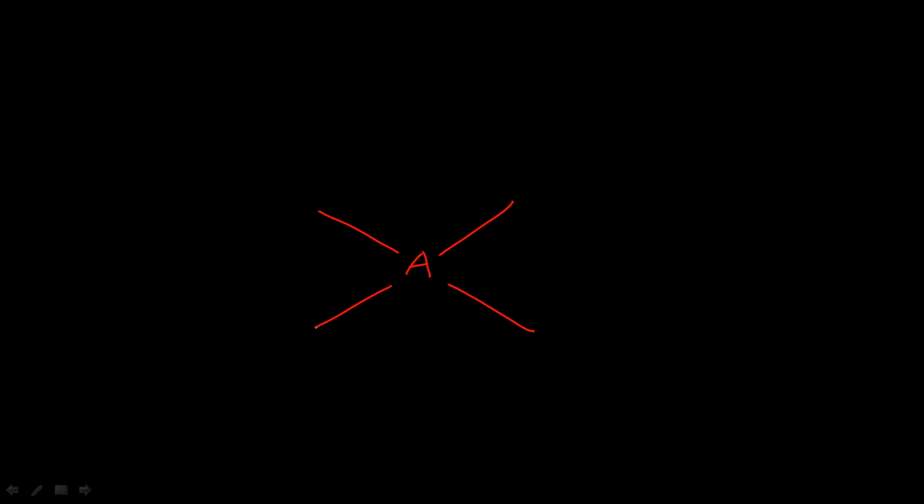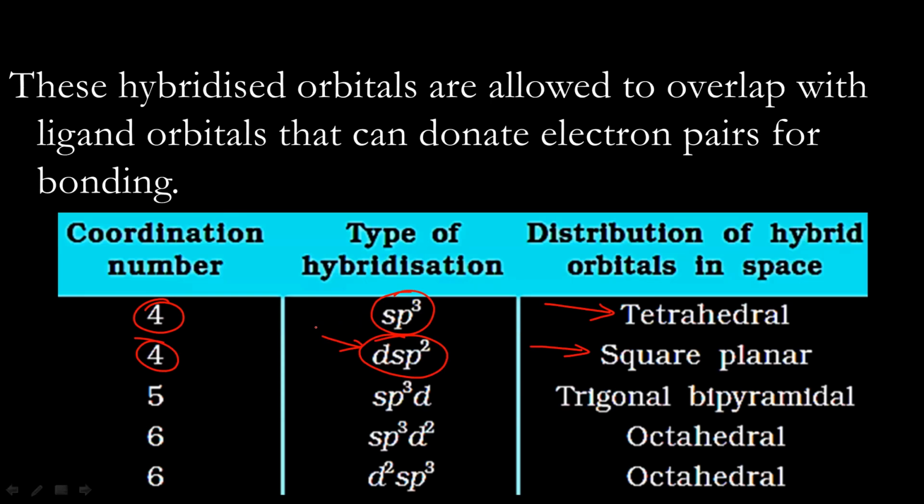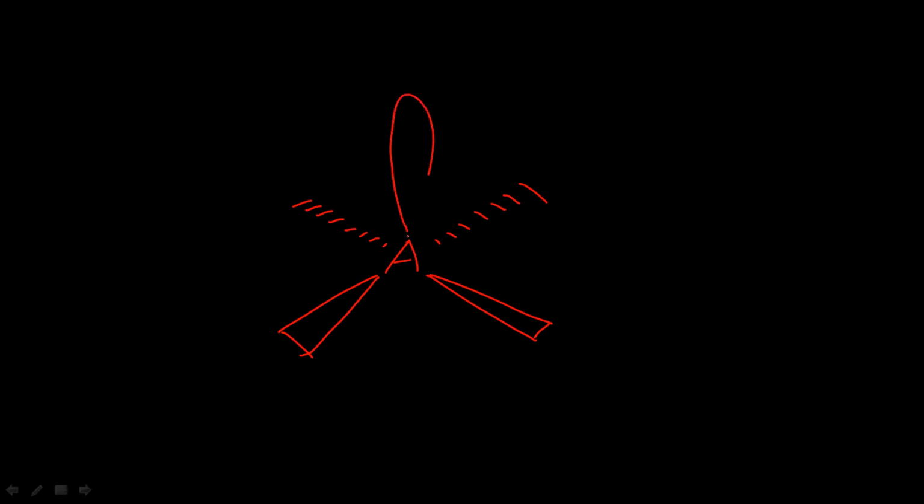So you can have a square planar only if the rest 2 are lone pairs. One lone pair here, another lone pair here. Then they will keep these 4 bonds in one plane due to repulsion.